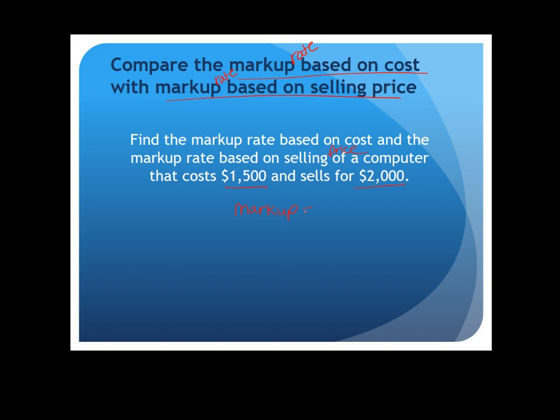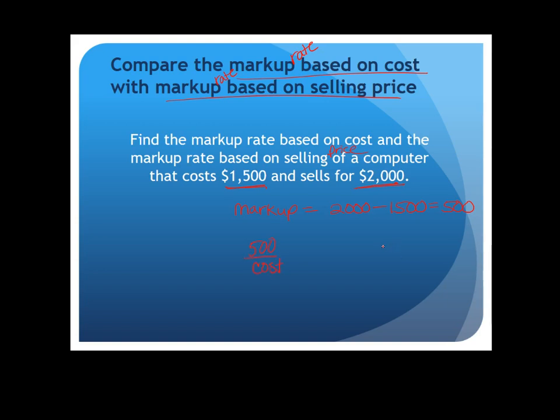So first, to find the markup, I'm going to take the selling price and subtract the cost, which gives me $500. So to go from $1,500 to $2,000, it was marked up $500. It's a difference of $500. Okay, now for the markup rate based on cost, I'm going to take the $500 and divide it by the cost.